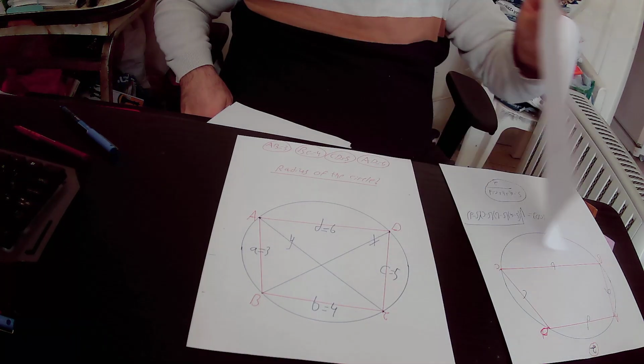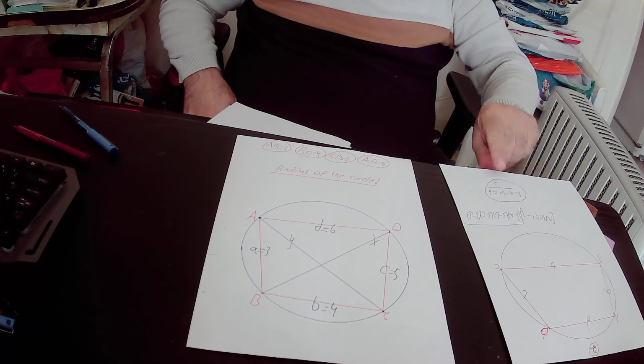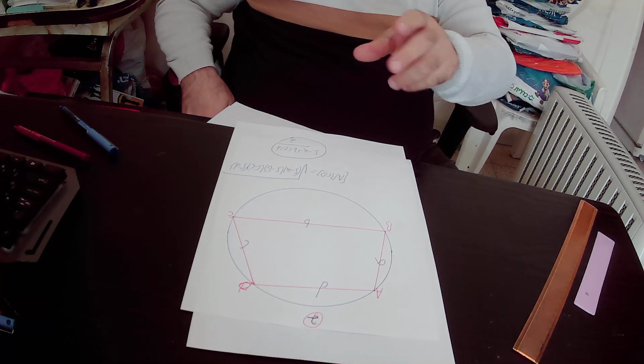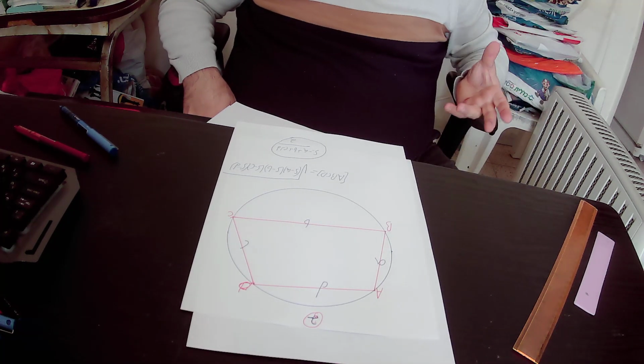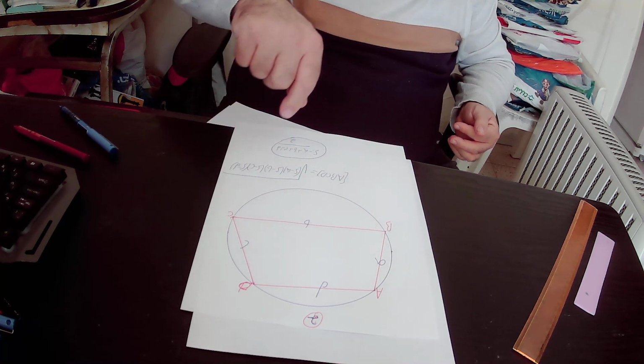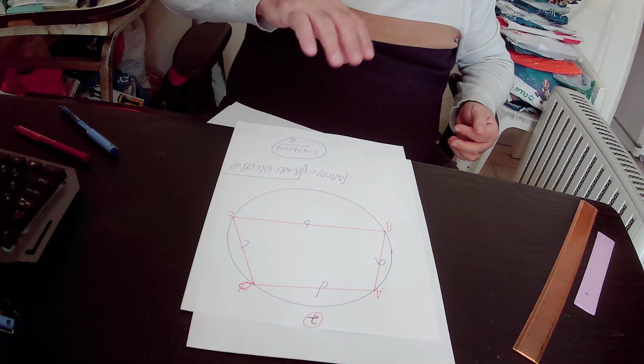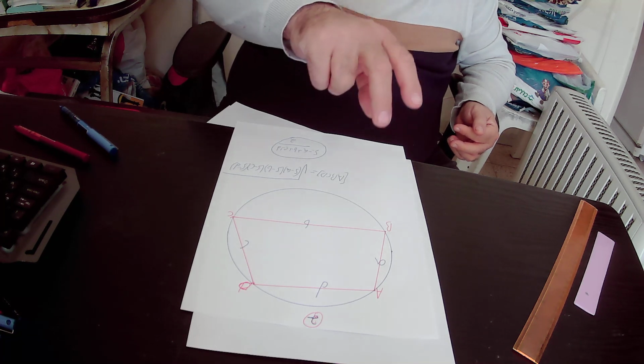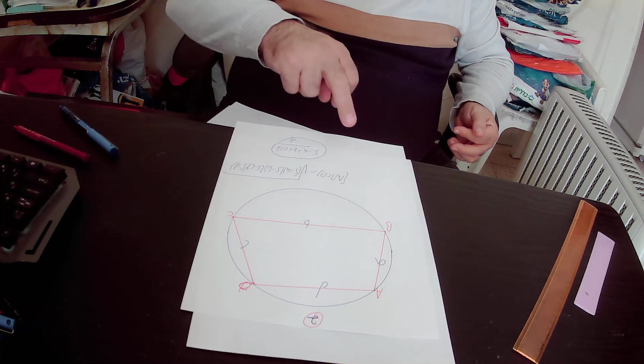So if you have any quadrilateral ABCD that is inscribed in this blue circle, then you can calculate its area according to this formula.